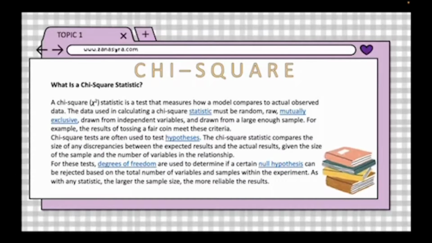For this test, degrees of freedom are used to determine if a certain null hypothesis can be rejected based on the total number of variables and samples within the experiment. As with any statistic, the larger the sample size, the more reliable the result.